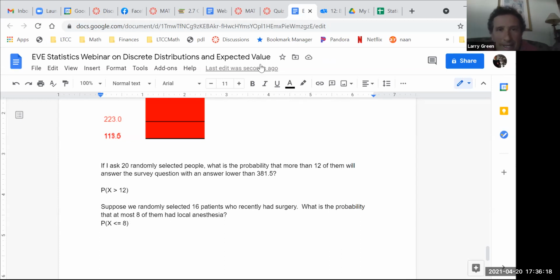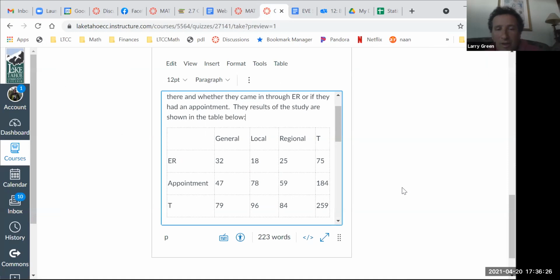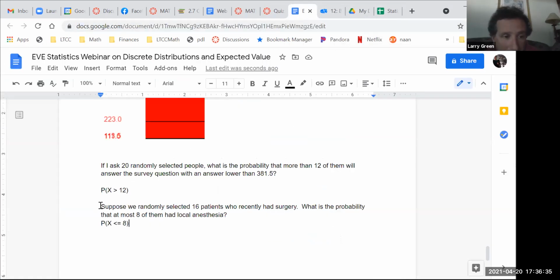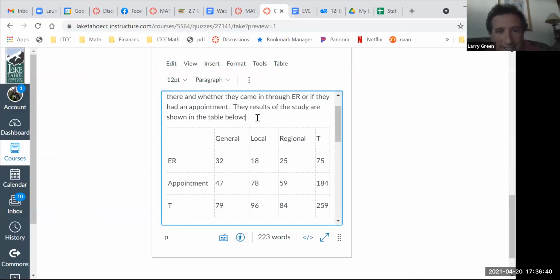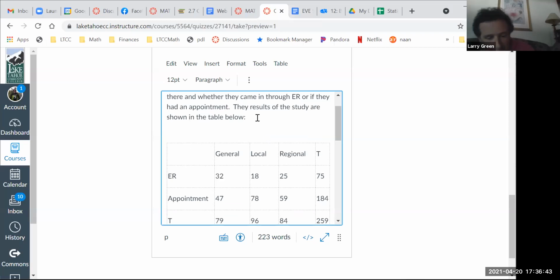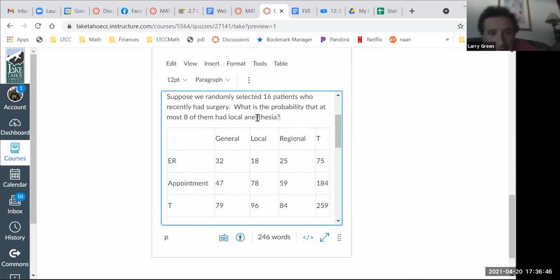Since we have a little time, let's see if you can answer this question. Let me pop in the quiz again. What is the probability that at most 8 had local anesthesia? Again, you will need a calculator. By the way, there is a way to do it with math, but we're not doing that.